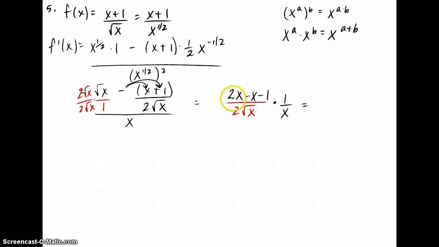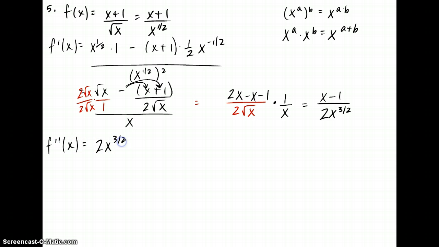Now let's simplify. 2x minus x gives me x minus 1. 2 square root of x is x to the 1/2 power, plus 1 would give us x to the 3/2 power. Alright, so the second derivative would also need the quotient rule.